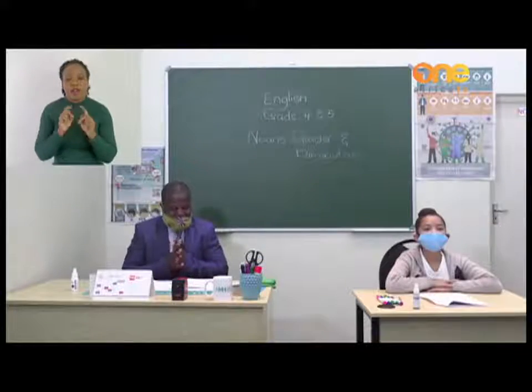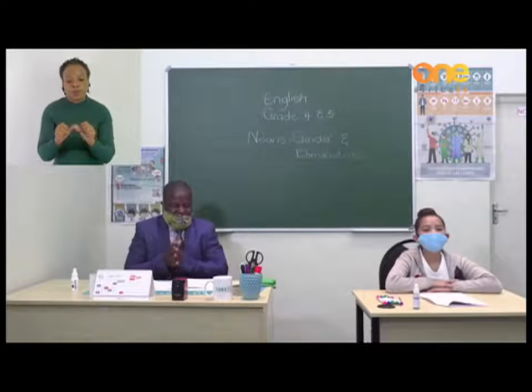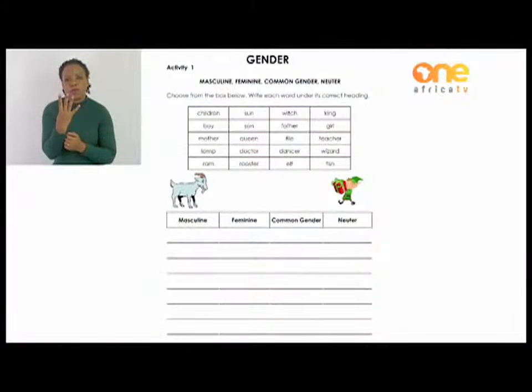Okay, boys and girls, let's continue. Let's open our books on page 4, where we have got an exercise that we are supposed to be doing. Your duty is to look into the box, the table with nouns, just pick or write those nouns under the correct heading.